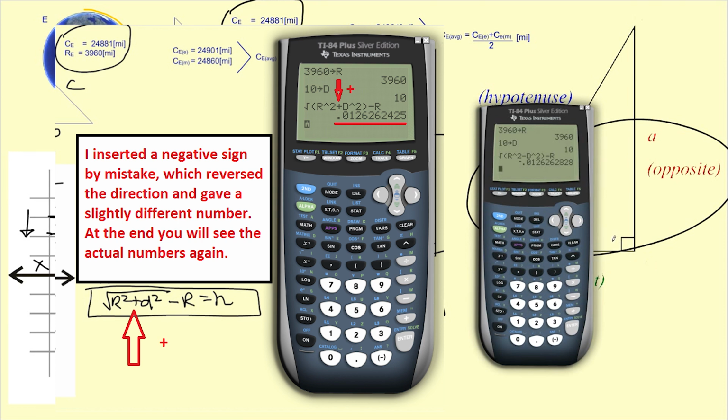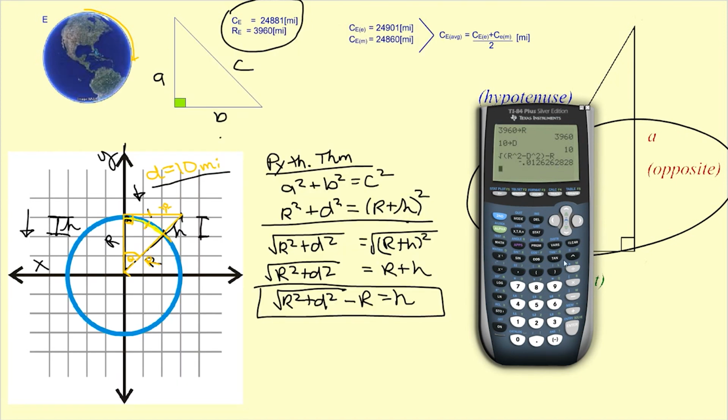Square root r squared minus d squared minus r. So he went down in the negative direction, 0.12626282 miles.